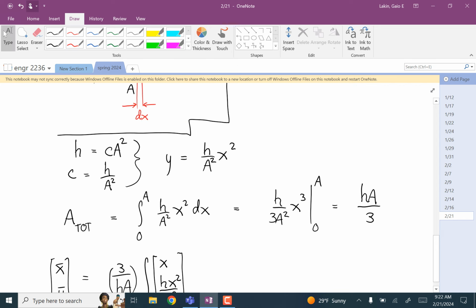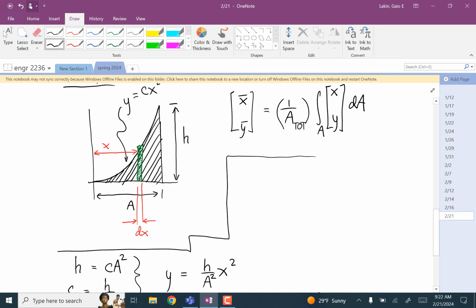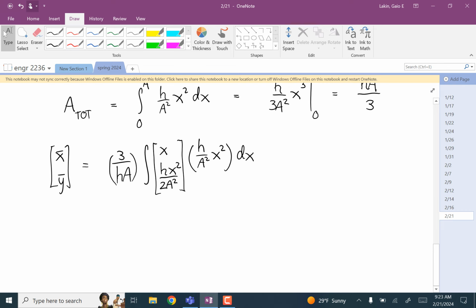And then our dA, the area of that rectangle, is just going to be the height, which is h over a squared x squared times the thickness, which is dx. Any questions about that? All right, so now we have these two integrals.